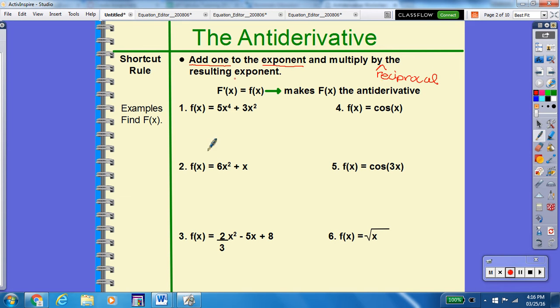So let's work a few and see how this goes. Remember, the derivative of the antiderivative should give you the function, and that's what makes capital F of x the antiderivative.